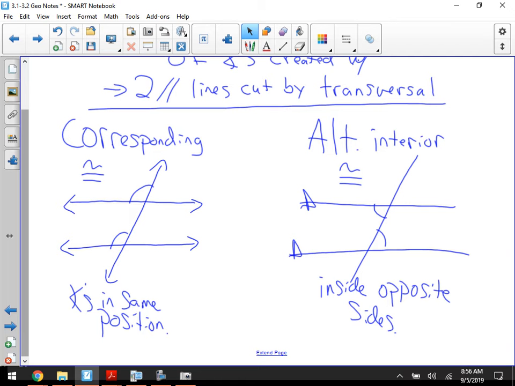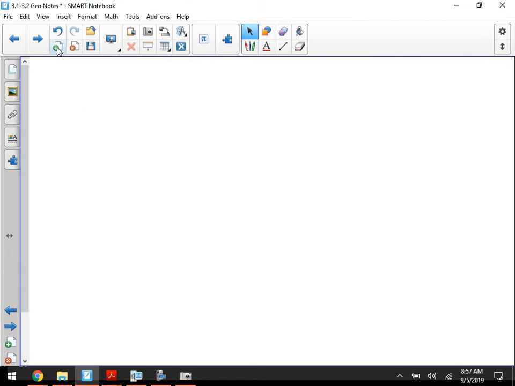So good? So what's alternate of 6 again? We're looking at the generic diagram? 6 and 4. Okay. Now with corresponding and alternate interior, the other two are alternate exterior. And then this textbook does same side. I think they say same side interior.